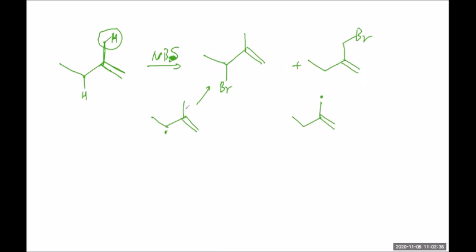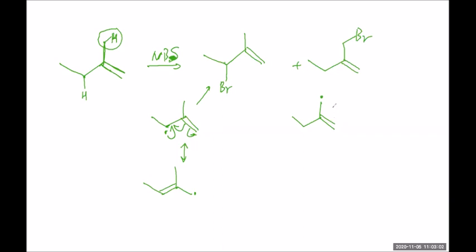The resonance of this radical will give me this product, this radical. So between these two, through resonance, I can get two completely different structures.